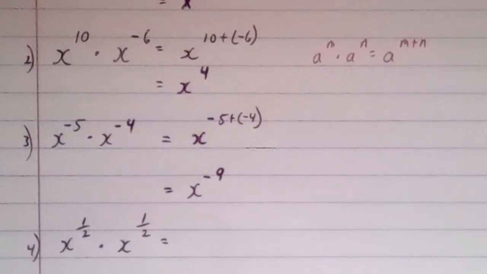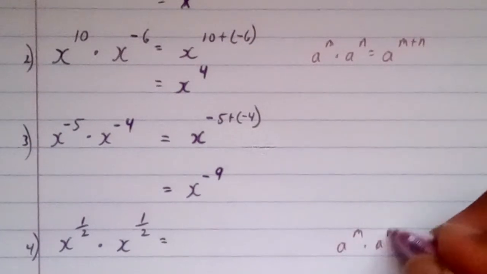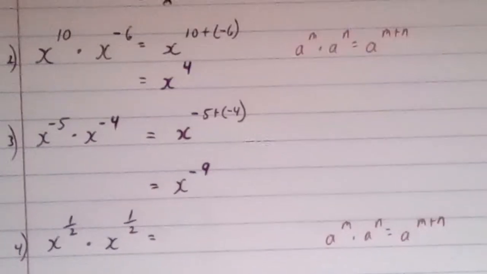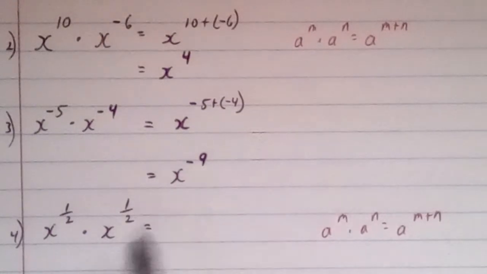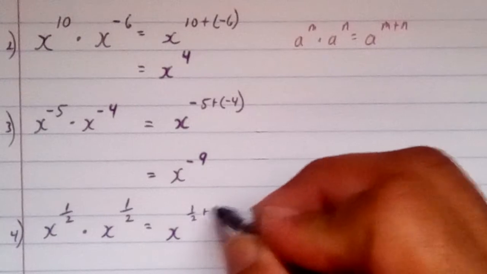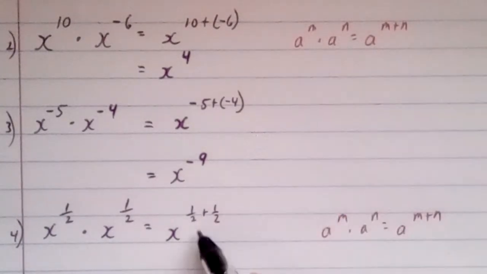Well, what does the rule say? The rule says that if the bases are the same, we will keep the base and simply add their powers. Nothing has changed from there. So we'll keep this base, which in this case is x, and now we say half plus a half. Now go back and recall how to add fractions.